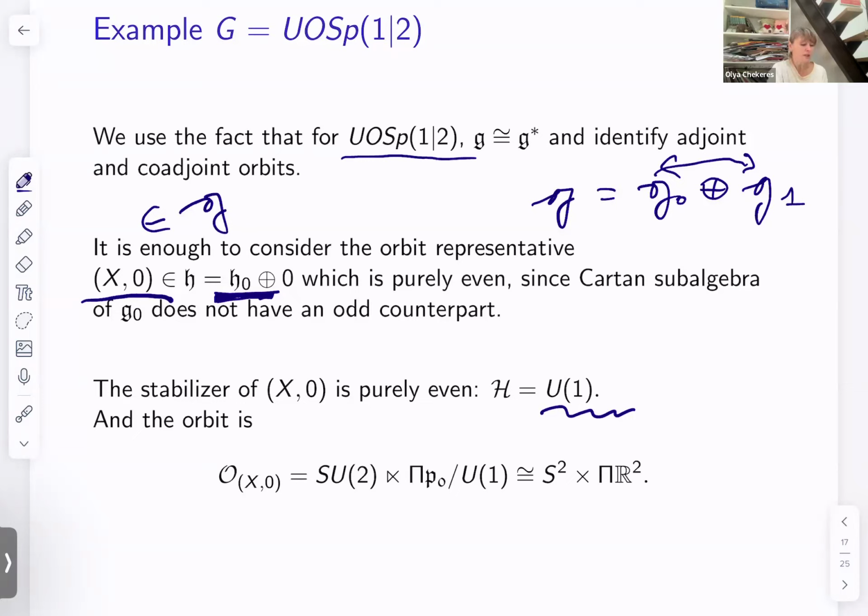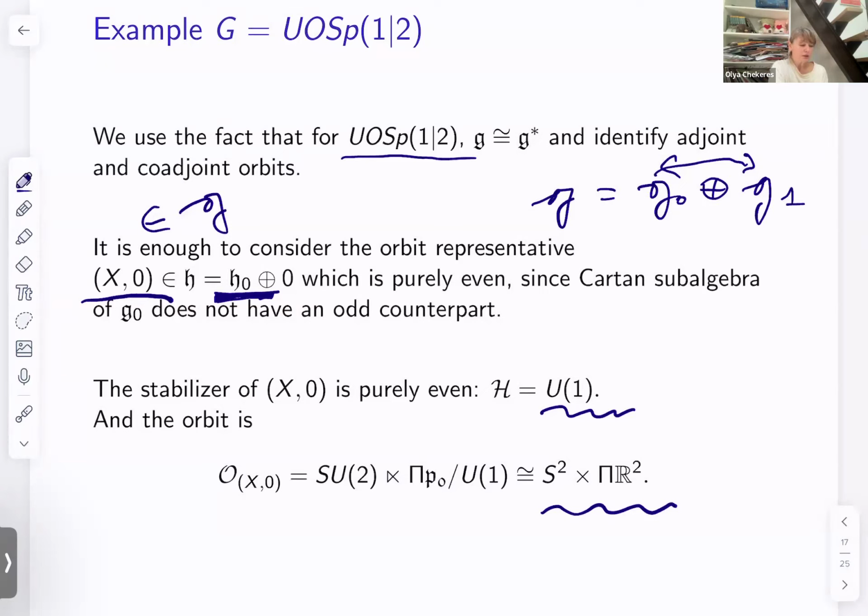And then the orbit is computed by taking the quotient of the supergroup by the stabilizer of this element, and we get the sphere multiplied by R2 with shifted parity.